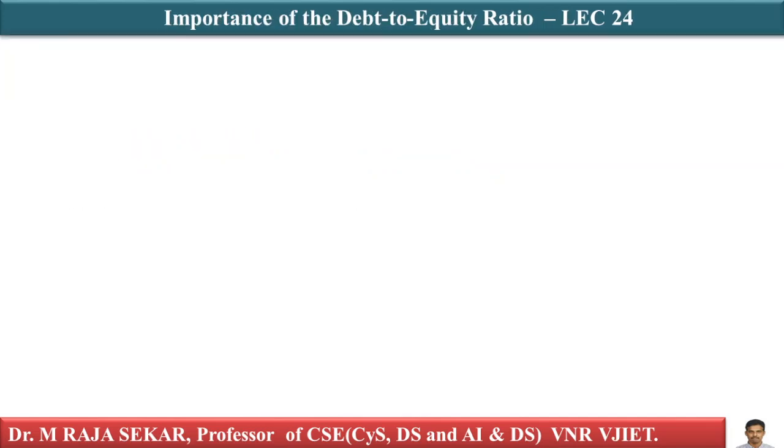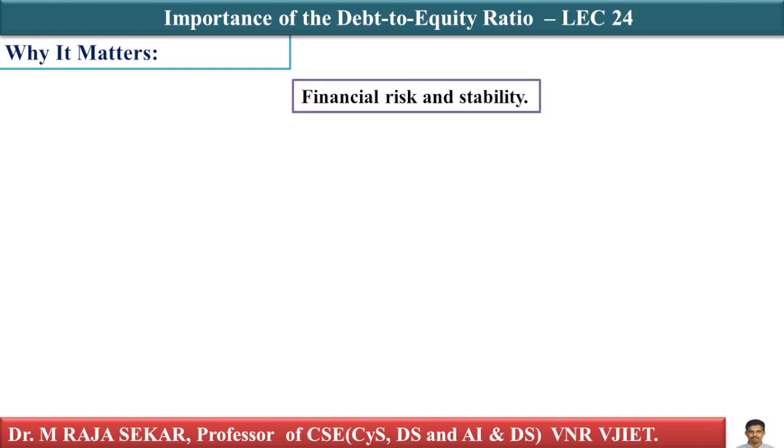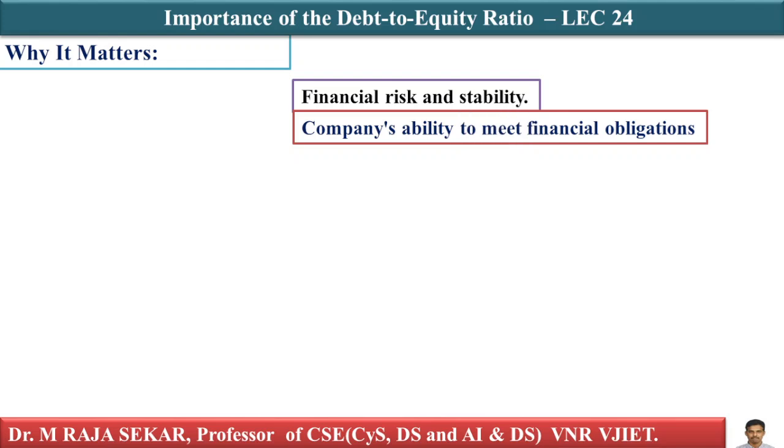What is the importance of debt to equity ratio? Why does it matter? It evaluates financial risk and stability. It helps investors and creditors assess a company's ability to meet financial obligations. It's a risk indicator. A high debt to equity ratio signals higher financial risk.